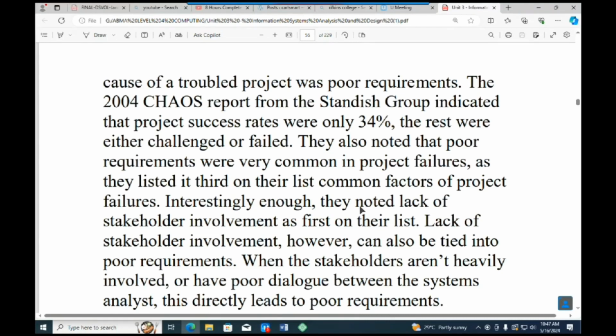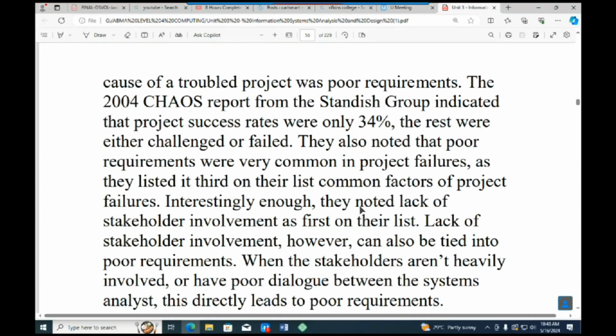The percentage that remains is 66%. Now, 66% are failed or challenged projects. Based on that report, you would understand that requirements are one of the most important aspects to consider when working on a project.